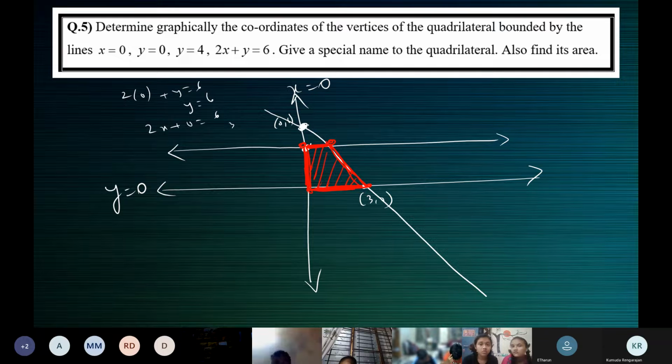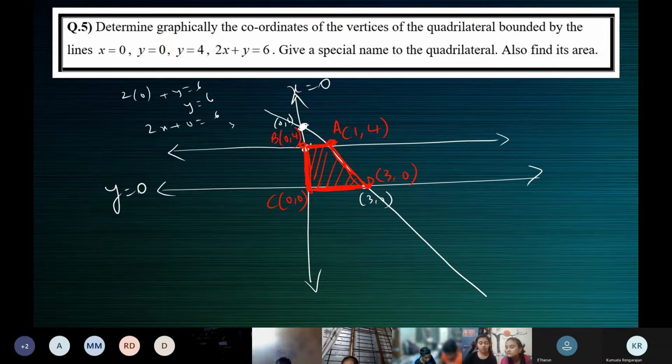A is 1, 4. Oh, this one, this is 1, 4. Is it? Yes, ma'am. That one A. Okay. And left side is B, so that is 0, 4. Down is C, 0, 0. Okay. Right side is D, 3, 0. Very good.